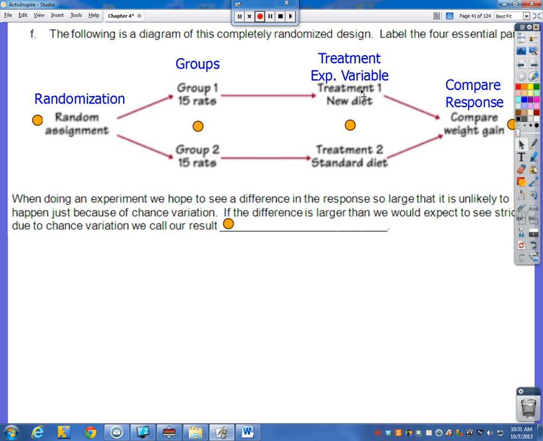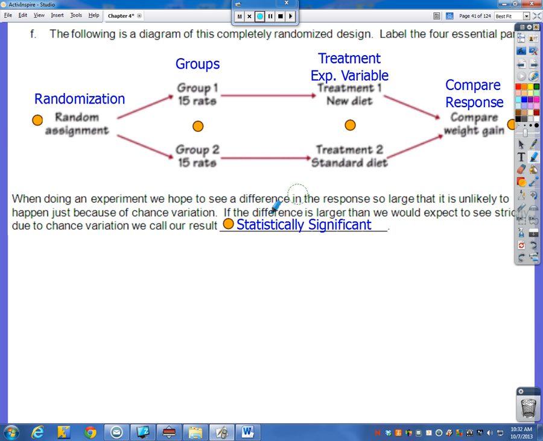It could just be that the new diet is maybe somewhat different than the standard diet, that it did produce a little bit of a difference in the weight gain. But if it's not large enough, we can't say that definitively that it was the new diet with the instant breakfast that caused the significant weight gain. So if the difference is larger than what we would expect to see due to chance variation, we're going to call our result statistically significant.